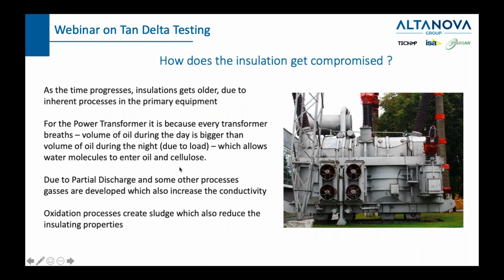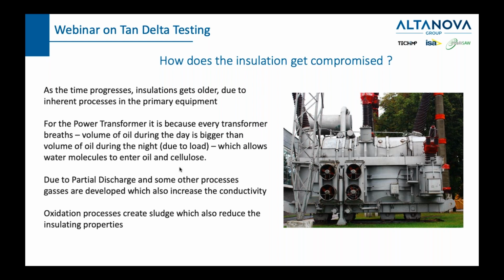So how does the insulation get compromised? Well, as time progresses, insulation, for example in a power transformer, gets older due to the inherent processes in the primary equipment. For the power transformer, it is because every transformer breathes. It breathes because the volume of oil during the day, since the transformer works more, is bigger than the volume of oil during the night.